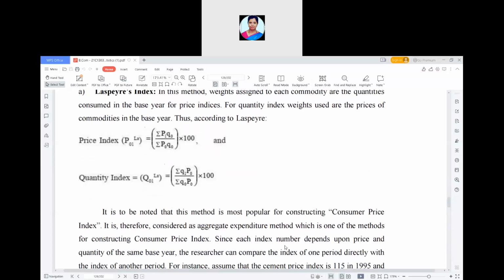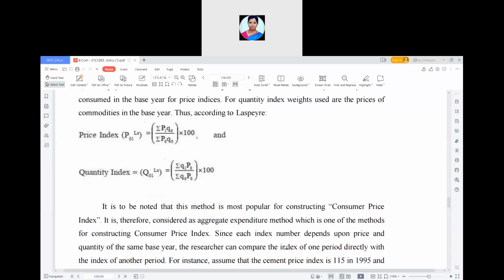It is noted that it is most popular for constructing the consumer price index. It is therefore considered the aggregate expenditure method, one of the main methods for constructing the consumer price index. Since each index number depends upon the price and quantity of the same base year, we can compare the index of one period directly with the index of another period.